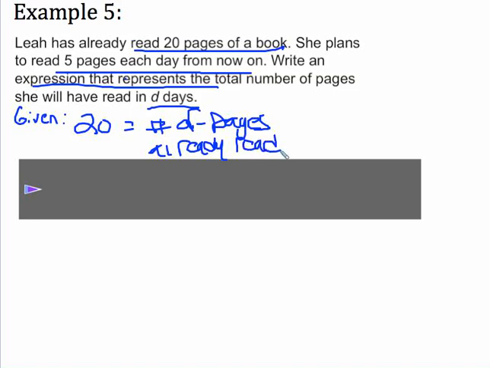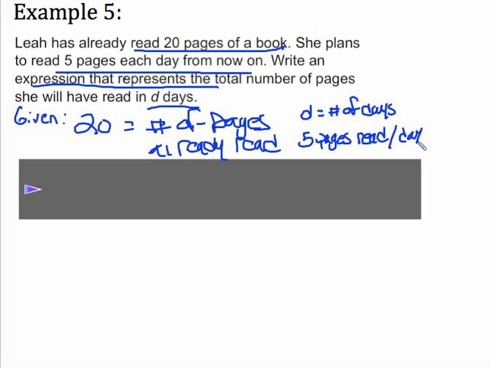Now, we know that D is equal to the number of days that she will read, and 5 pages will be read in each of those days, so per day. If she reads 1 day, she's read 5 pages. If she reads 2 days, she's read 10 pages. If she reads 4 days, that's 4 times 5, so that's 20.